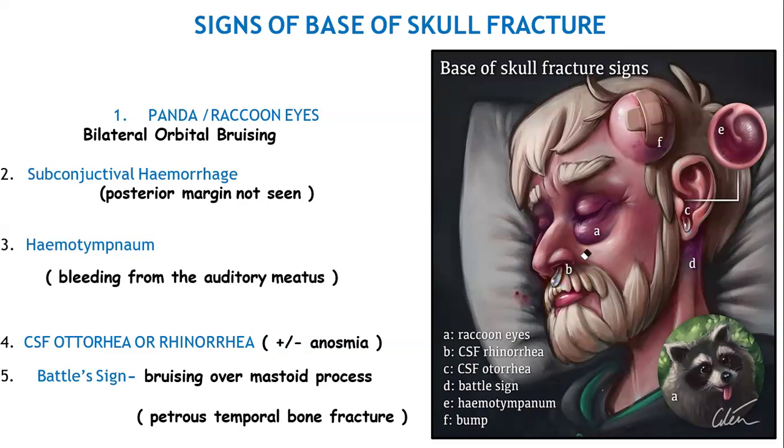If whitish secretions are coming from the nose after trauma, how would you appreciate that these are not nasolacrimal secretions or secretions from the nose? These are CSF. How will you appreciate that it is CSF coming from the nose, not local secretions?